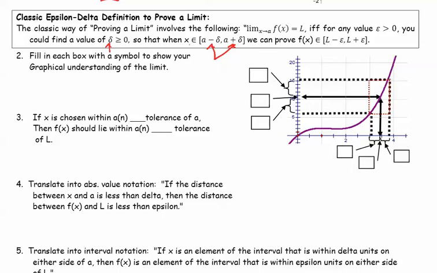So if you choose an x within this limit, then you are promising that your y-coordinates are going to stay within epsilon units of the limit.